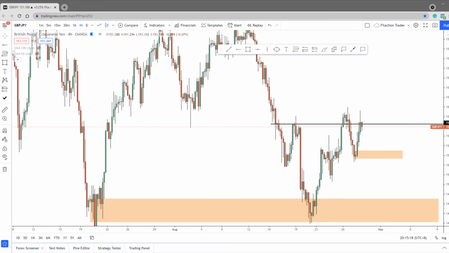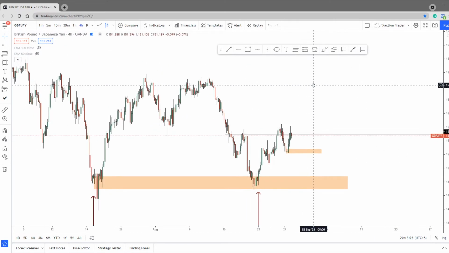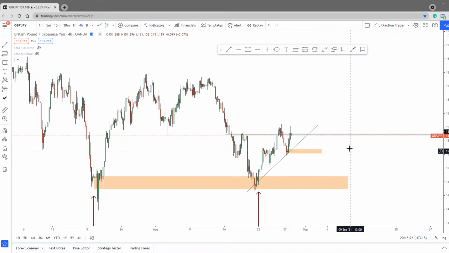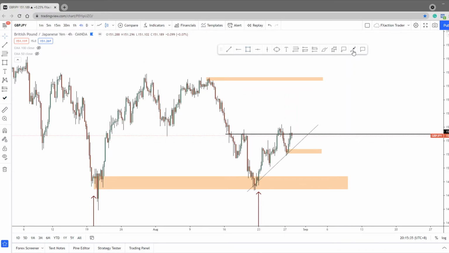So in terms of an intraday trade, I would prefer to look for a buy trade instead of a sell trade. The final take profit area would be at the previous high at 153.